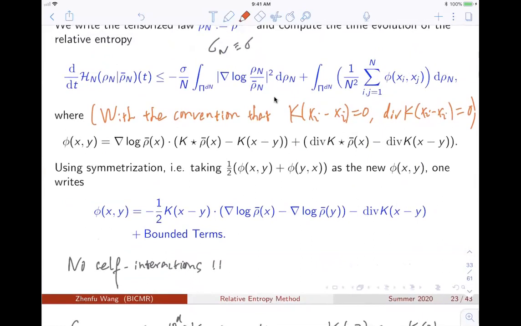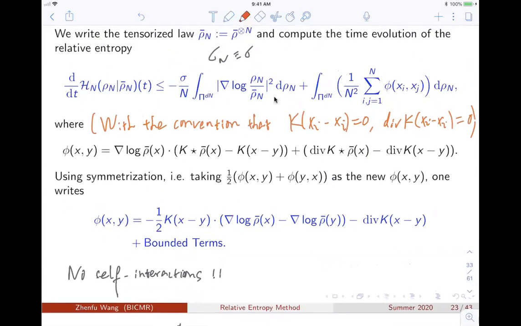At least in this scenario, for instance K is bounded, or you can use some way to make it a bounded case. This is not a problem. Usually we make a convention that K(xi - xi) equals 0. So if the two indices in the summation are the same, in the diagonal term where i equals j, there's no contribution in this term. So we made this convention.